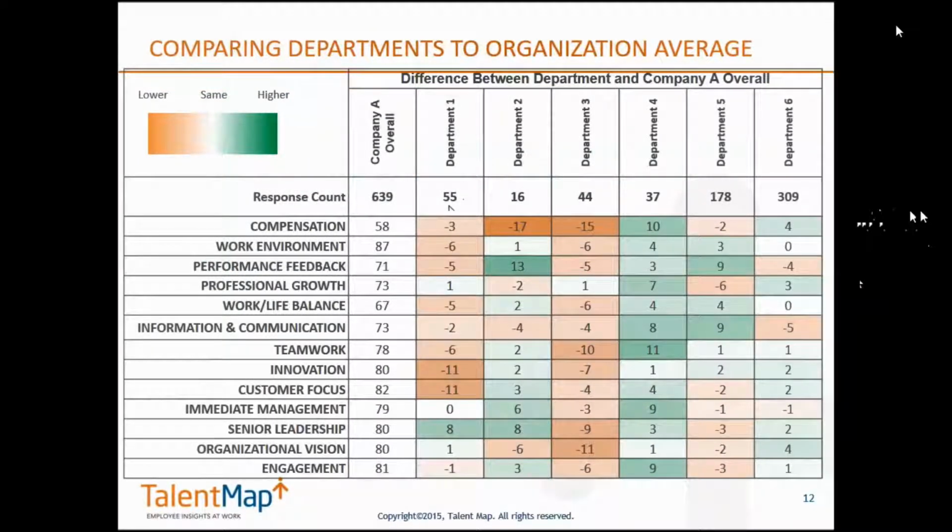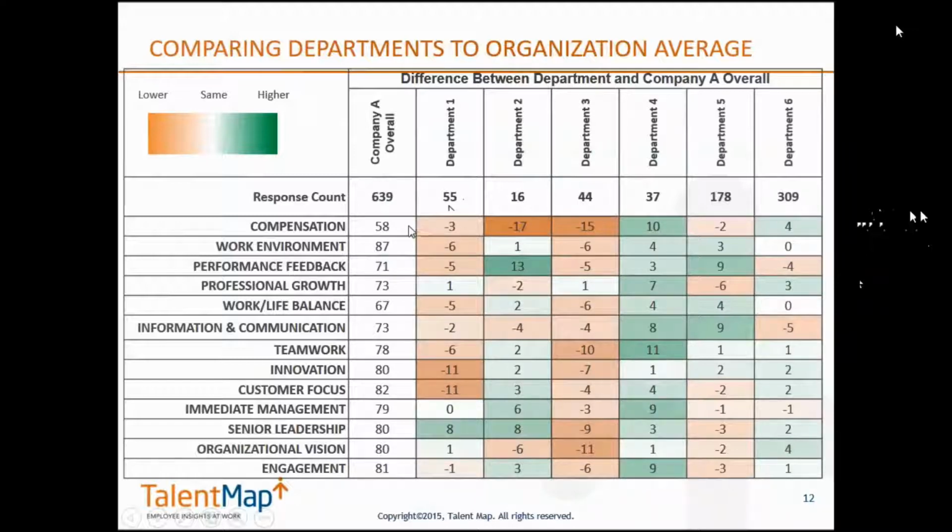And what I want to show you is essentially when we compare a functional group, a department, to the organization average. So this is a very, very common internal benchmark. And it's very useful. What you're looking at here is what we call our heat map. And our heat map shows you the overall favorability, so the percentage of individuals who are favorable on each of these dimensions, compensation, work environment, a number of questions.